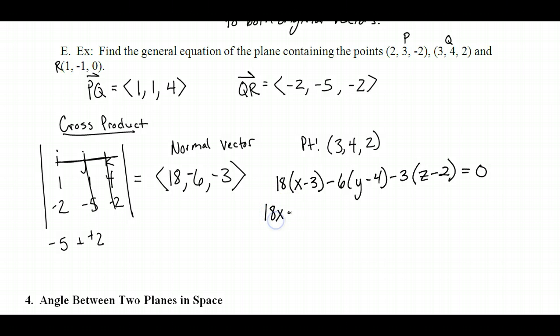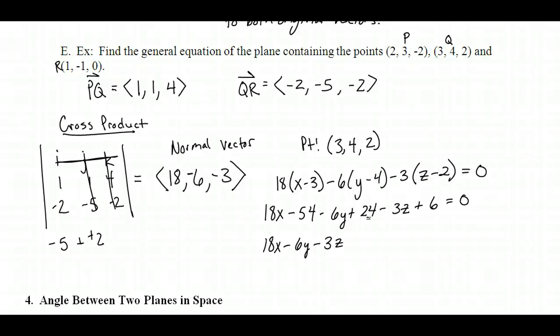Distribute: 18x minus 54 minus 6y plus 24 minus 3z plus 6 is equal to 0. Therefore, 18x minus 6y minus 3z, oh boy, negative 54 plus 24, and then plus 6, so that should give me, I think, negative 24 there, is equal to 0. And this definitely works. When you check some of your answers, they will simplify, so they'll look for common factors here.